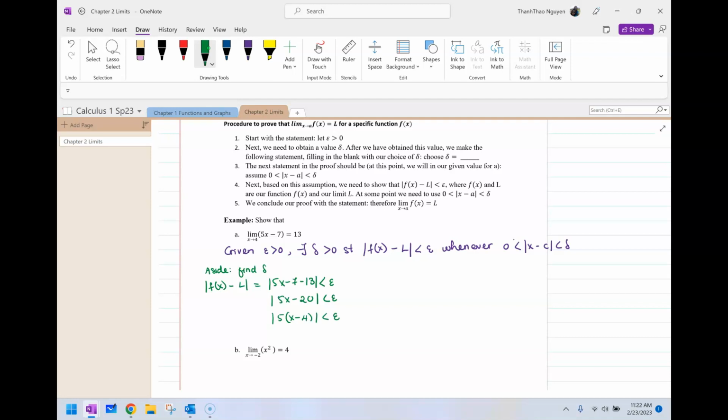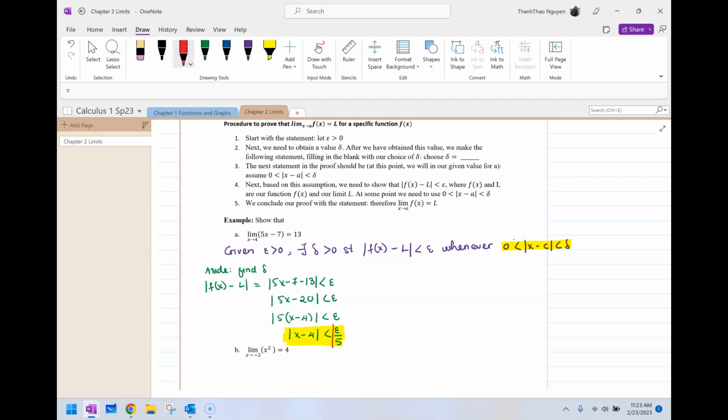What this means is that the absolute value of x − 4 has to be less than epsilon divided by 5. Does this look like 0 less than |x − c| less than delta? We already manipulated it to that point.